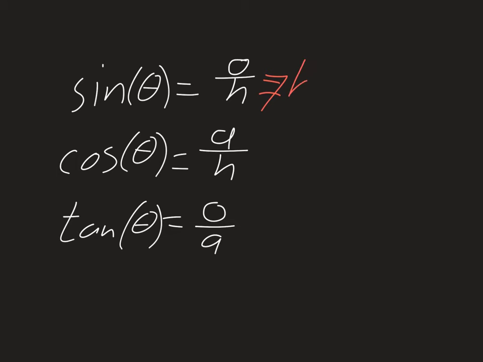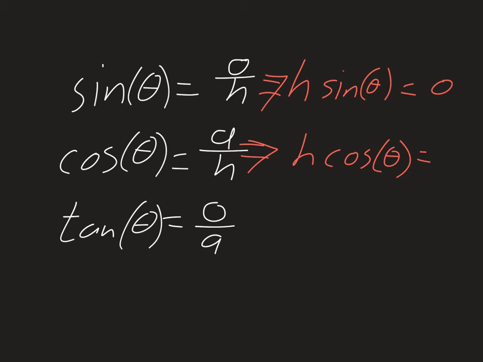So we can solve this to the hypotenuse times sine of theta is going to equal just the opposite side. And in the same way, we can convert cosine to hypotenuse times cosine of theta is equal to just the adjacent side. And that's all I'm going to look at right now, because that's all we need for up here.